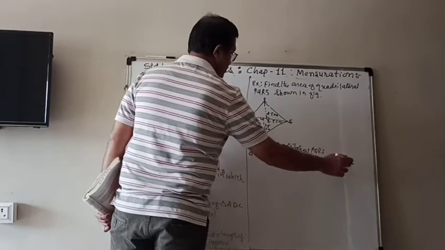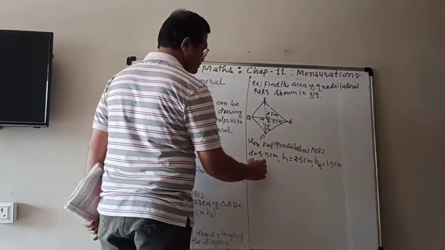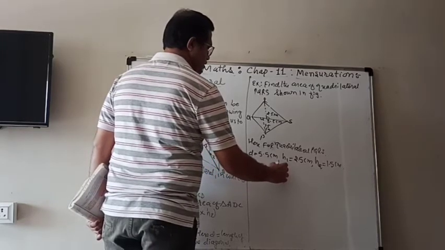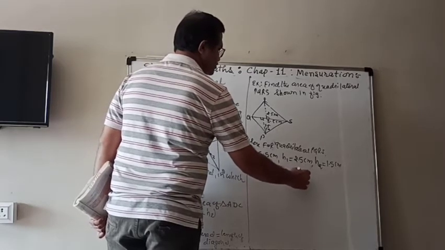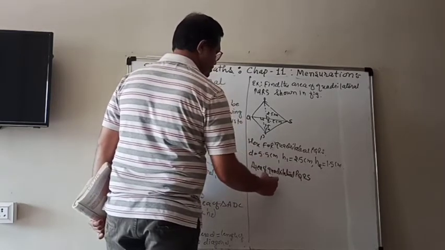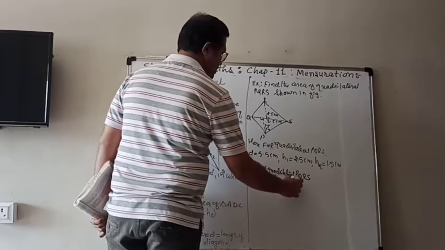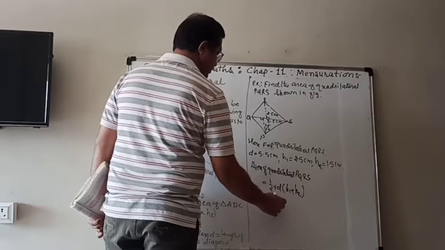Now we have to use the formula. So area of quadrilateral PQRS is equal to half into D, H1 plus H2. What is D here?